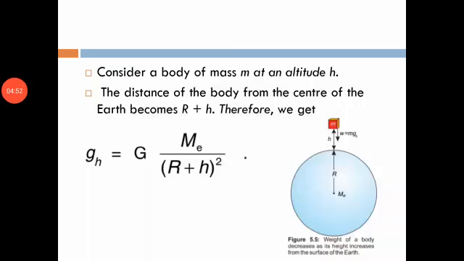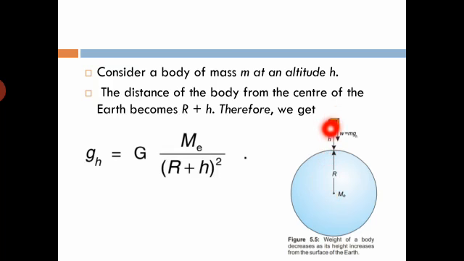Now we are considering a body of mass m at altitude h. The distance of the body from the center of earth becomes r plus h. This figure shows that Me is the mass of the earth, while the distance between the surface of the earth and the center of mass is the radius of the earth.